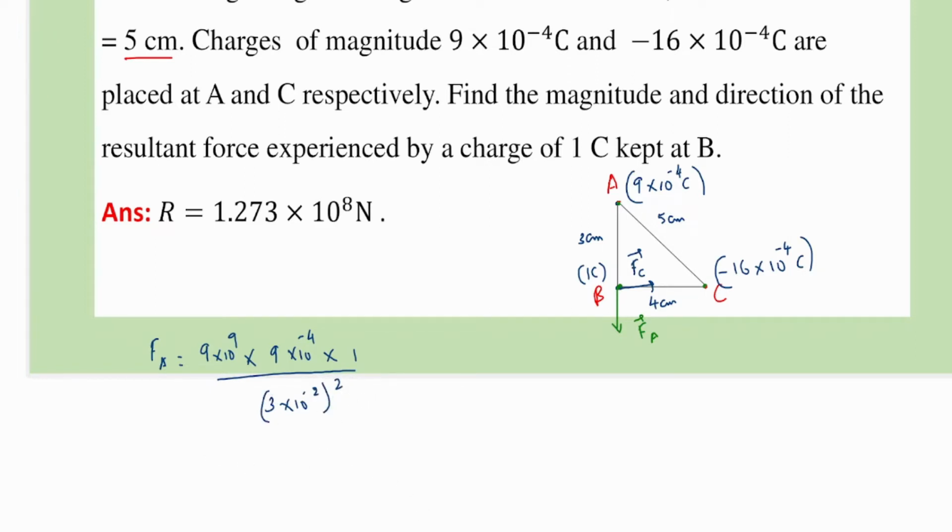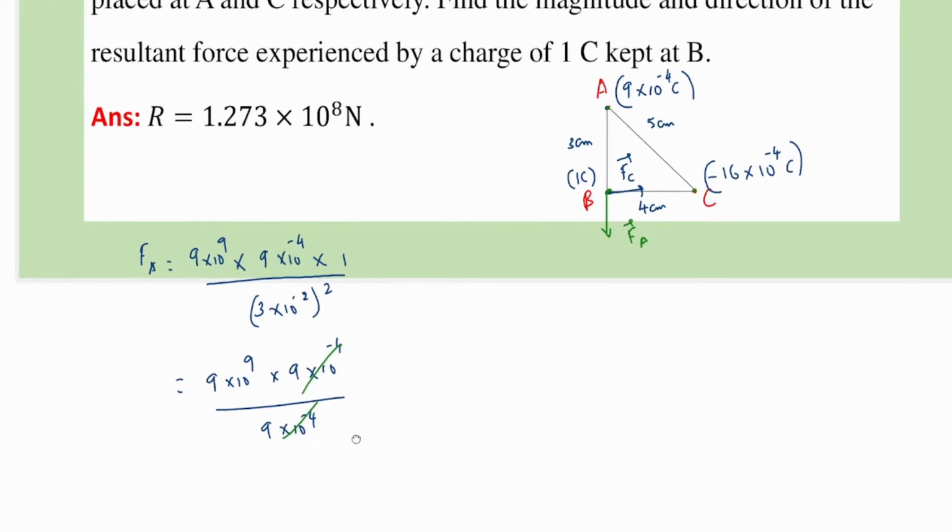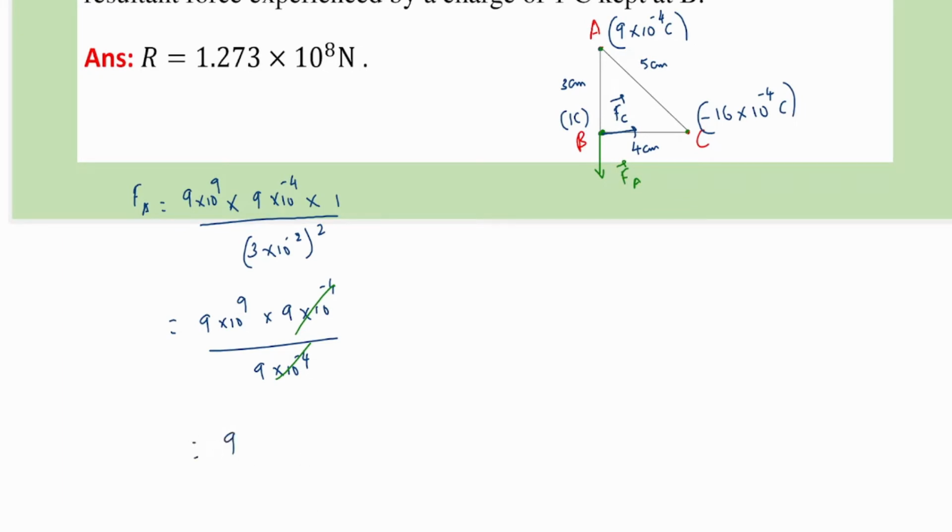If we solve it further, this will give us 9 into 10 power 9 into 9 into 10 power minus 4 by 9 into 10 power minus 4 if we square this. So this term and this term get cancelled, and what remains here would be just 9 into 10 power 9 Newton. In vector form, this force F suffix A is along AB. That's how the force is acting.